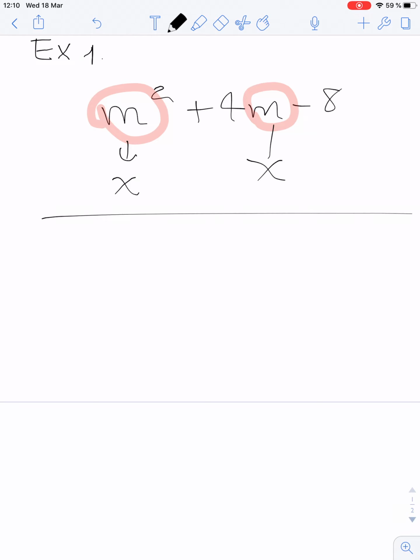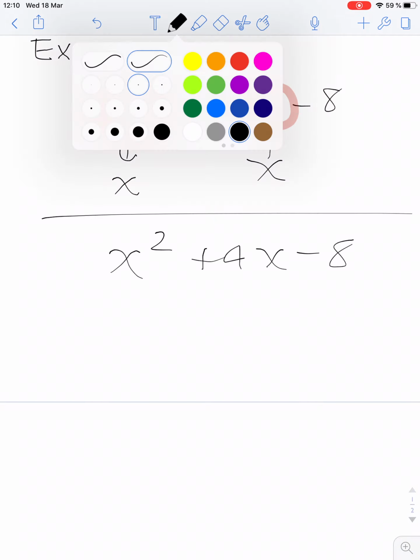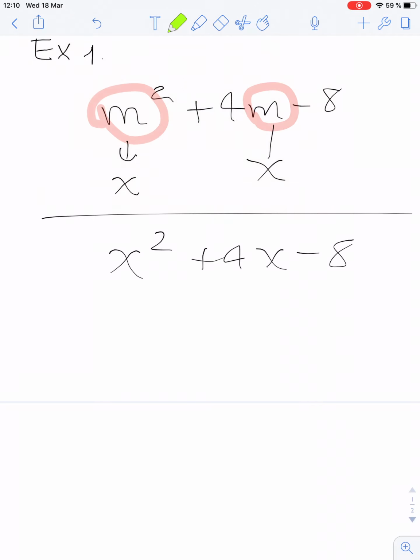This expression is similar to x squared plus 4x minus 8. Remember that the value for m squared is the value for a, and the value for m alone without a square is the value for b. Only the number, the coefficient.